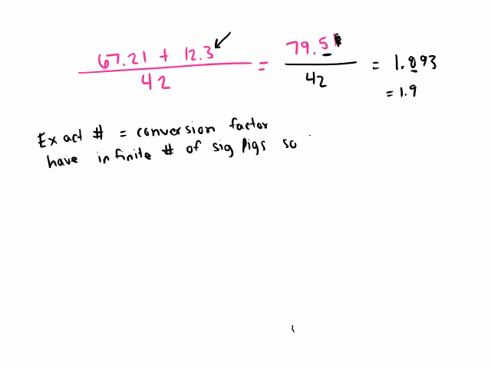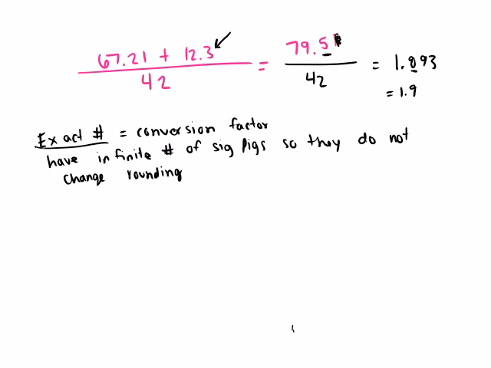So they do not change the rounding. So when you're trying to round your answers and you're using conversion factors, or I'll give you a couple examples of exact numbers, those do not matter when you are trying to round your answer for sig figs.